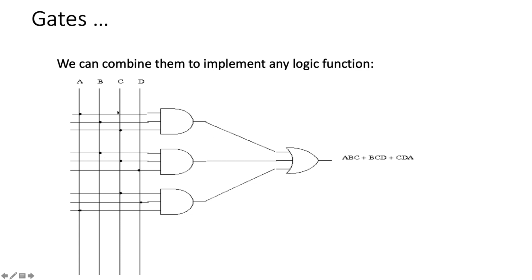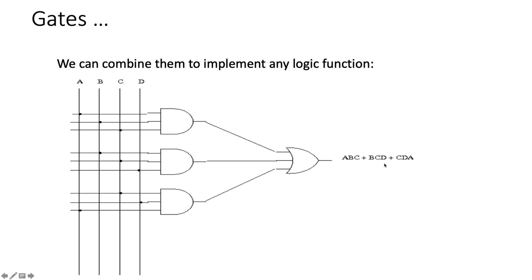The second AND receives B, C, and D, so you have BCD. The third only receives A, C, and D, and makes an AND, so you have CDA. So these are the ANDs.